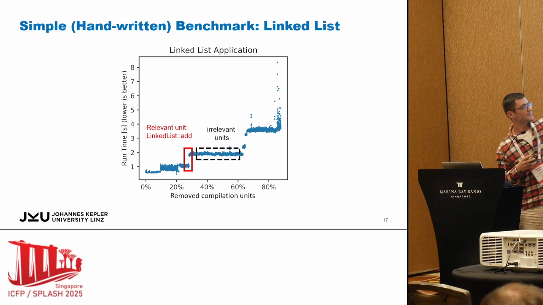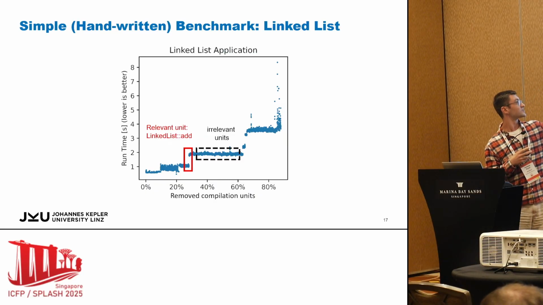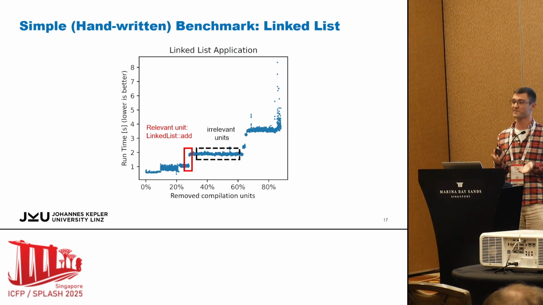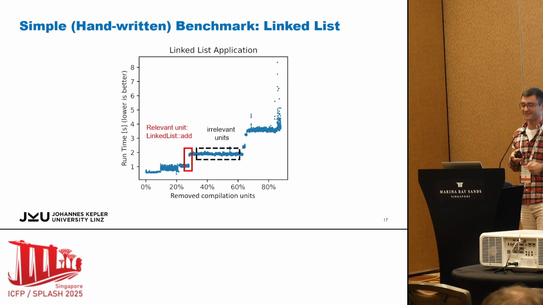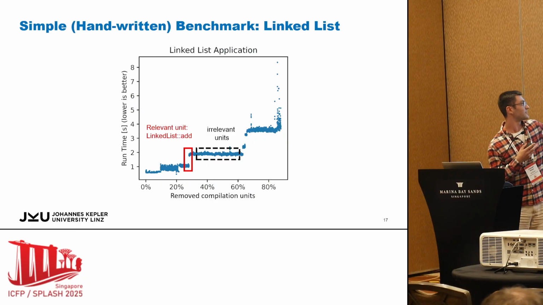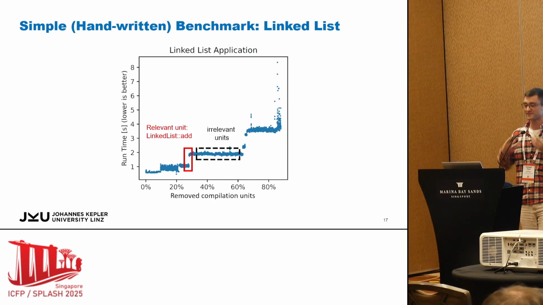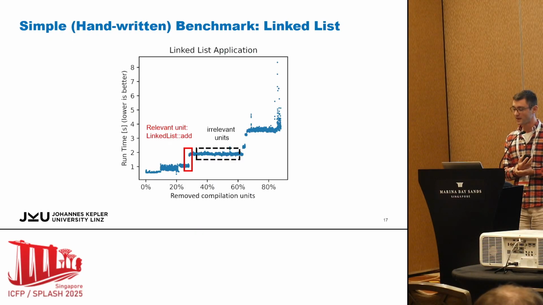We can see that there are a lot of irrelevant compilation units, so when we interpret them, there is no real big change in performance. However, the linked list add method, it's just one compilation unit, but it doubles the execution time. And our simple metric was not able to detect that.